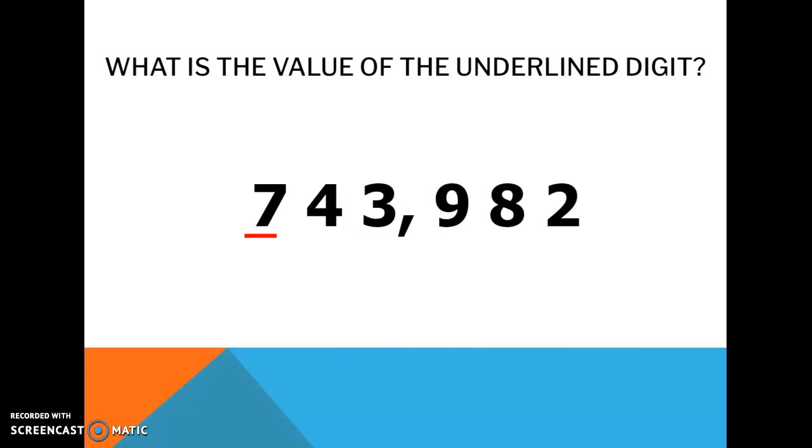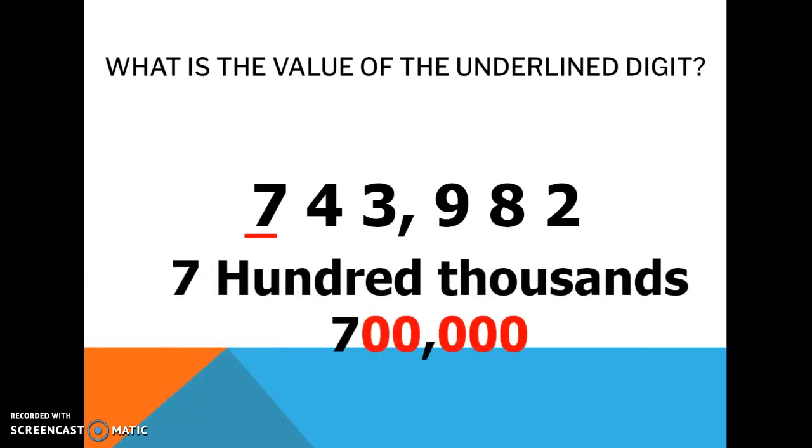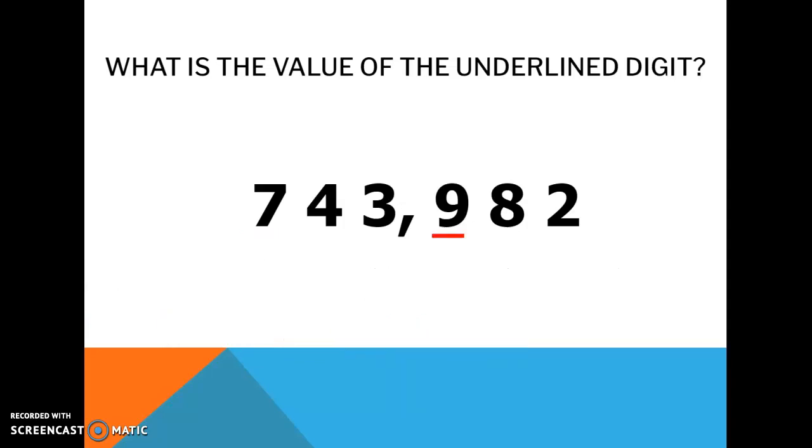What is the value of the 7? The 7 is in the 100,000s place. So 7 100,000s would be 700,000. What is the value of the 9? The 9 is in the hundreds place.